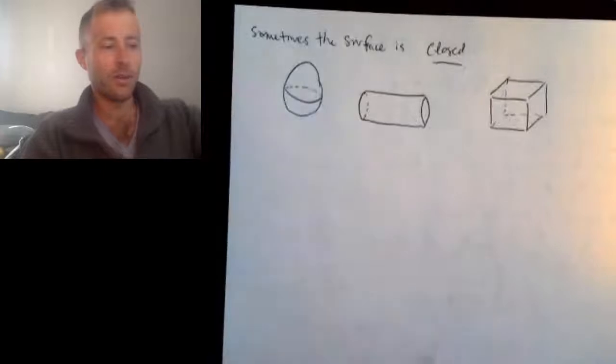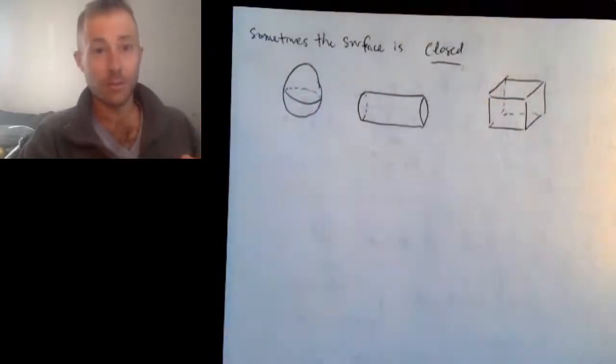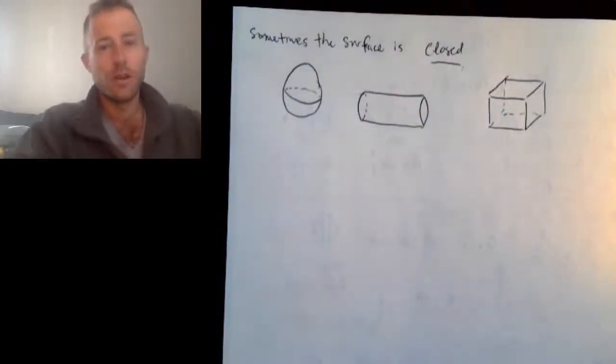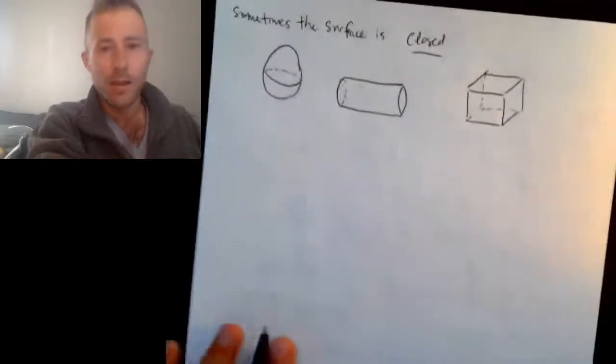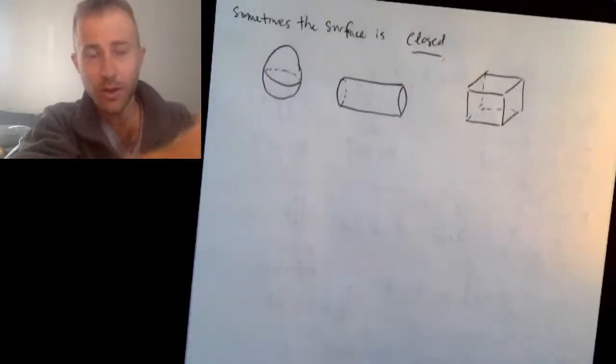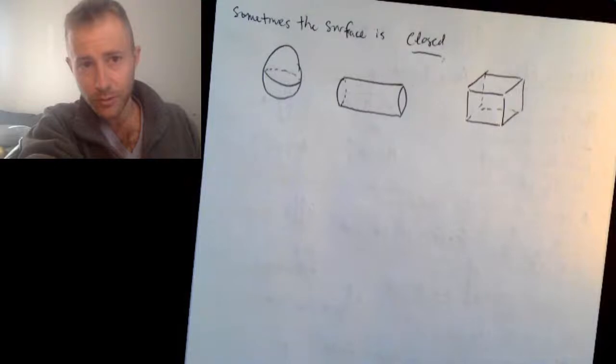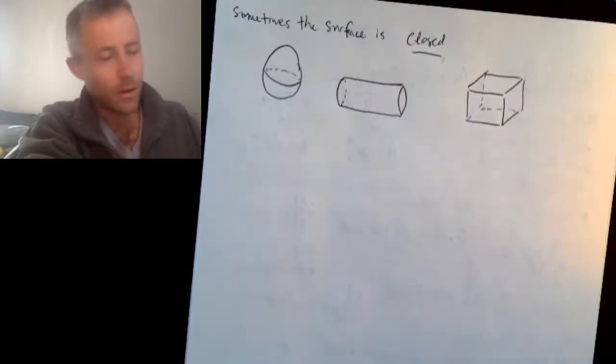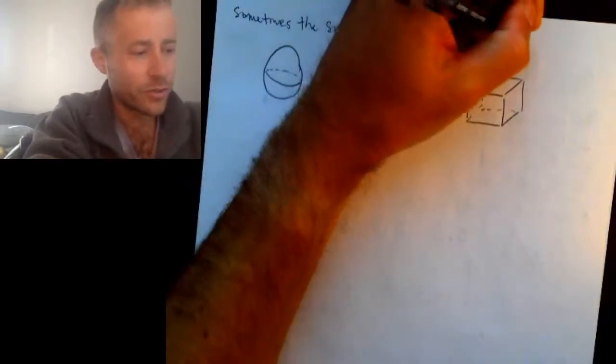A closed surface is one where in order to get from the inside to the outside, you have to pass through the surface. And you can calculate flux through closed surfaces.